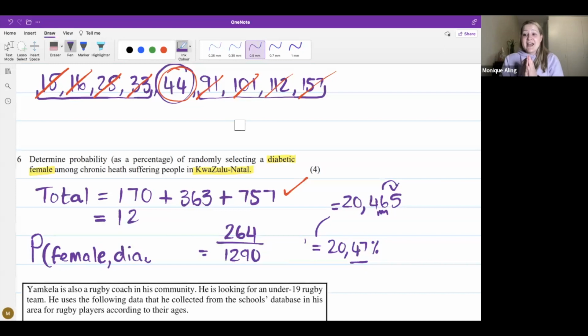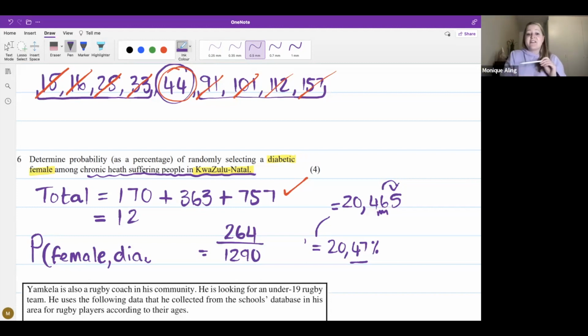But then they said out of chronic health suffering people in KZN. So they said out of everyone in KZN that is suffering from something. They didn't say out of everyone with diabetes or out of everyone with asthma. They want to know in KZN, what is the chance that I'm going to choose a female that has diabetes out of everyone that is sick?